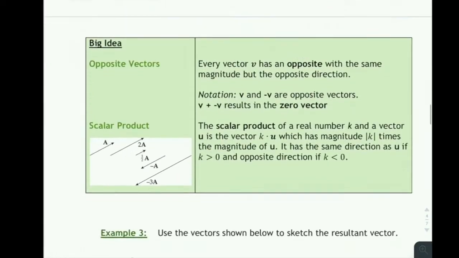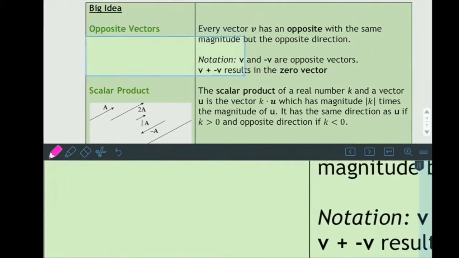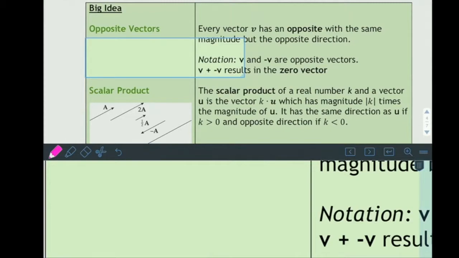All right, other things. Every vector has an opposite vector, which has the same magnitude but opposite direction. So say that this is your vector A right here. The opposite of vector A would be the one with the same magnitude, so act like those are the same length, but opposite directions.